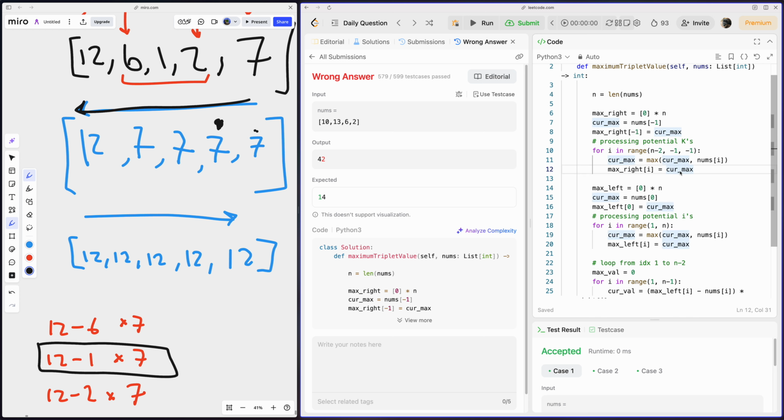I think that means we just set the max right to cur max first before updating cur max. I think that's what it means. I haven't thought much into this. Let me use this test case. Okay, that worked. Let's submit.